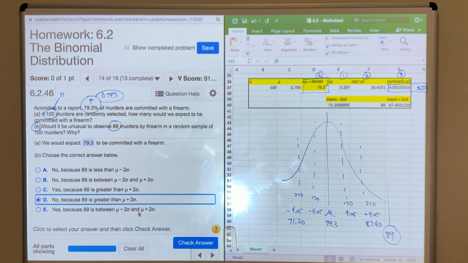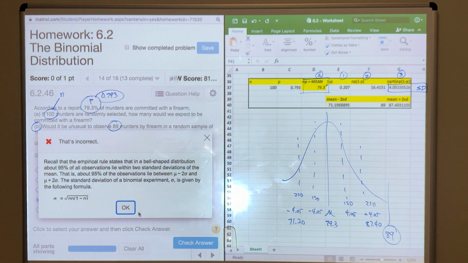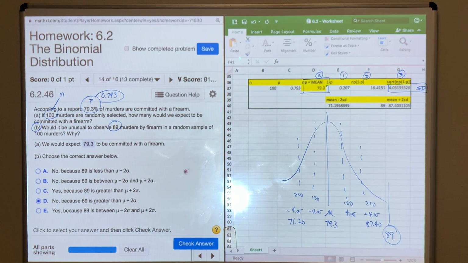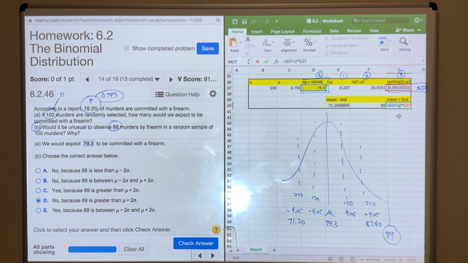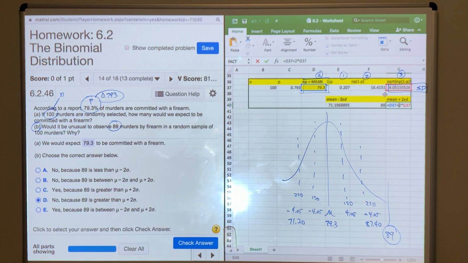You just have to find the correct one that applies to yours. Oh boy, did I calculate mine wrong? Let me see here. Mean plus 2 standard deviations. Mean minus 2 standard deviations.